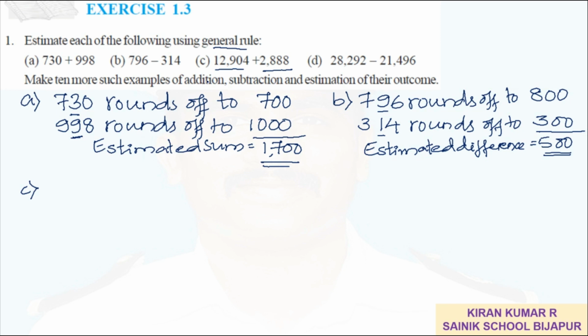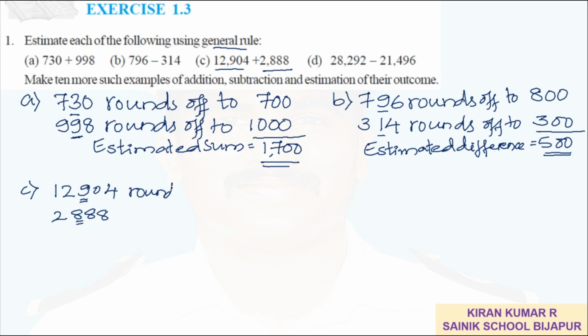Therefore we will round it off to the nearest hundreds place, isn't it? So let me write those numbers now. When I write 12,904, I will highlight this hundreds place, and 2,888, again I'll highlight hundreds place.